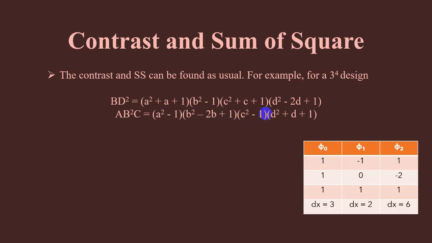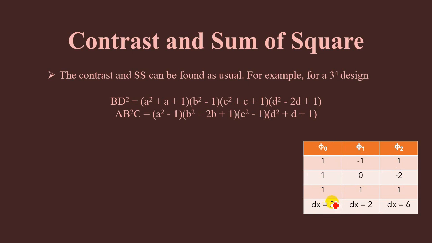Now let us discuss the sum of squares. So we know that sum of square for any factor interaction is actually the square of the contrast divided by a divisor, which we determine using this table of orthogonal polynomials. So if a factor is absent in the interaction, then its contribution in the divisor is 3.